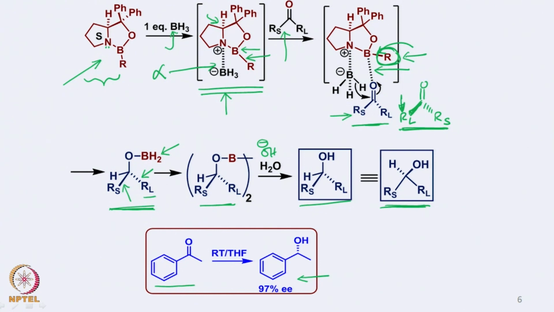As we can understand, the borane would not reduce the ketone unless it is activated to make it a nucleophilic reducing agent, and that is exactly what is done by this oxazaborolidine by modification. Now here we have a negative charge on the boron, and thus the reduction of the ketone occurs via this kind of chelation. So this is a very nice method where only a catalytic amount of a chiral ligand is used and 1 equivalent of borane is used as a reducing agent.